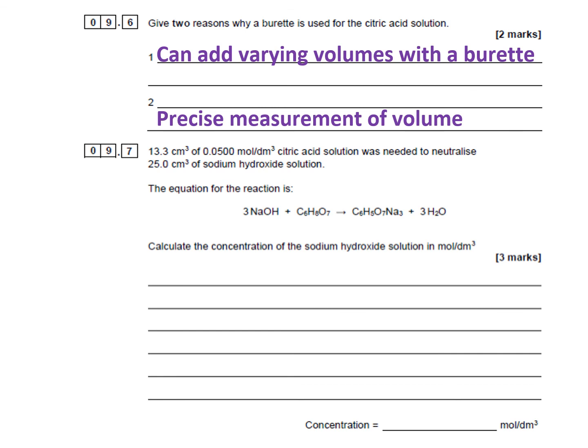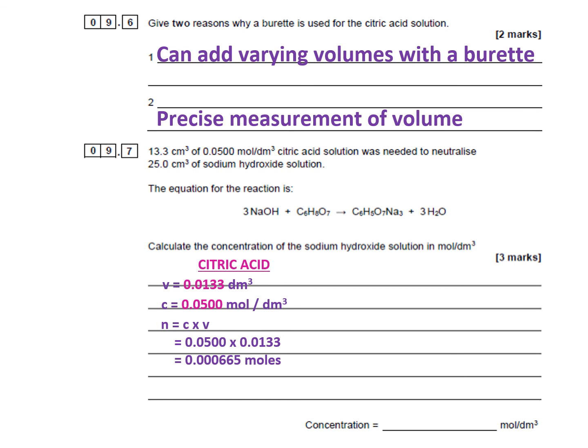And how do we do our calculation? So for the acid, what information do we have? We know we have a volume converted into decimeters cubed. We know we have a concentration already in decimeters cubed. Therefore, we can work out the number of moles of citric acid present.